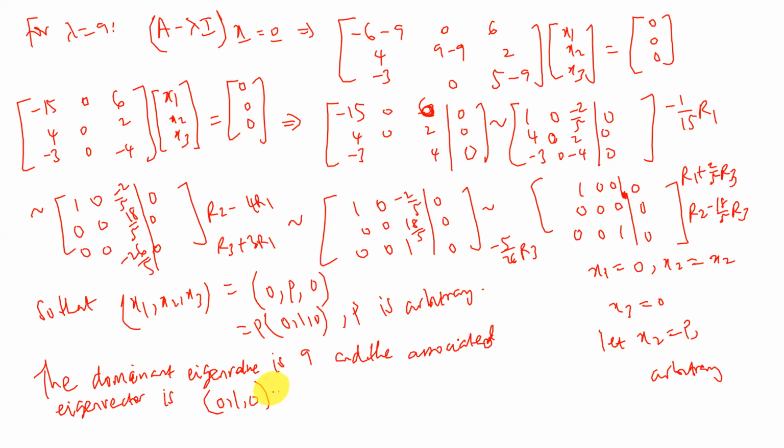Yeah, for 9. So lambda equals 9. The dominant eigenvalue, what is it? It's the one that has the largest absolute value, the largest modulus.